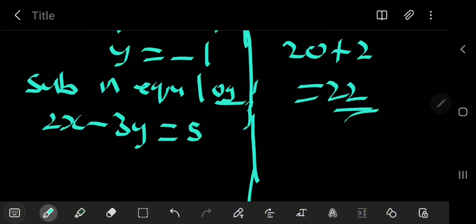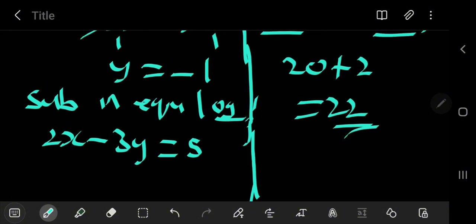So anywhere we see a y, you put a minus 1. Now some people will just want to put 2x minus 3 and put minus 1. You are wrong.